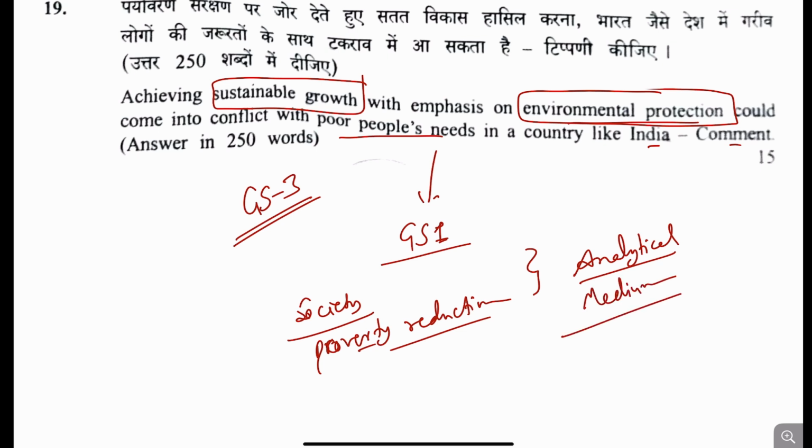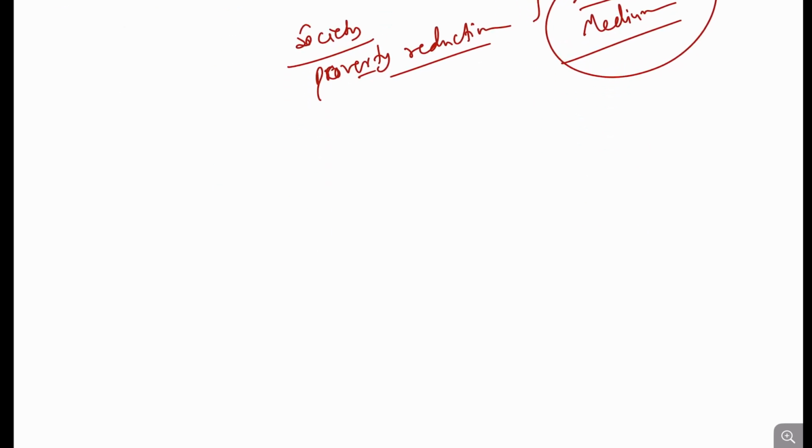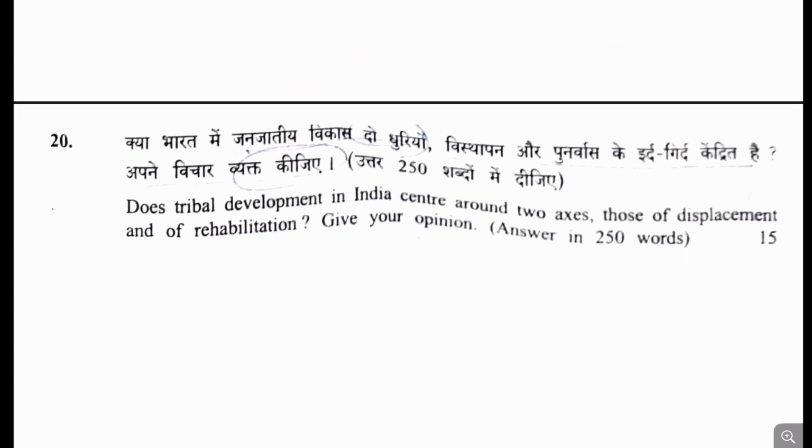It would have been difficult to answer at that point of time, right? So it could have been easy to write in GS3 format, but it would be a bit difficult when we are going to write in GS1 format, right? So that is why this becomes a medium level question. Now moving to the last question, question number 20.